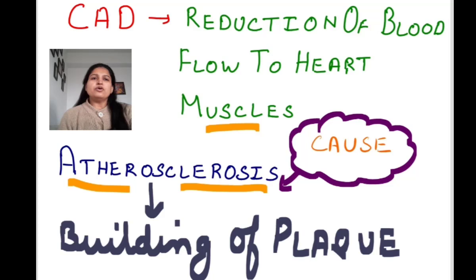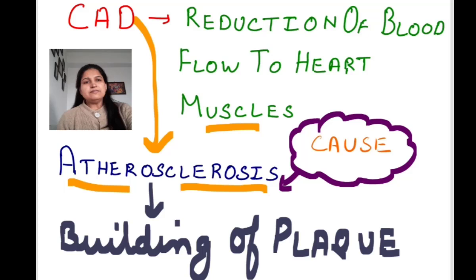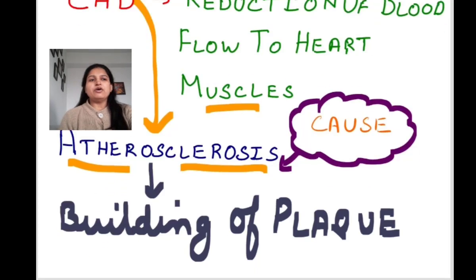And so coronary artery disease is basically related to the development of atherosclerosis, and this is the main reason behind the development of coronary artery disease. Coronary artery disease is always mentioned as the development of atherosclerosis in the coronary artery, which leads to the blockage of blood supply to the heart muscles, which leads to the dying of the heart muscles, and which causes the heart attack or myocardial infarction.